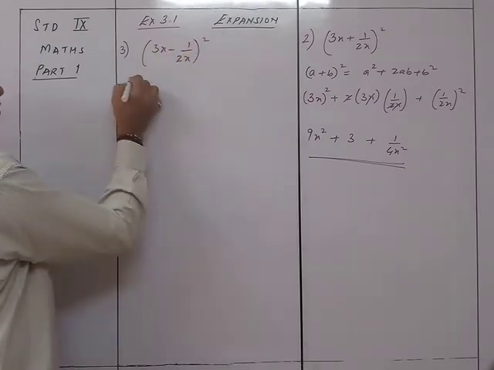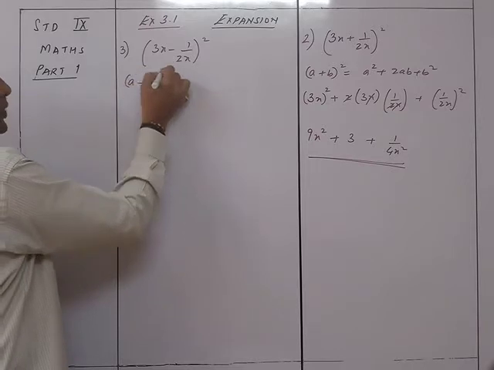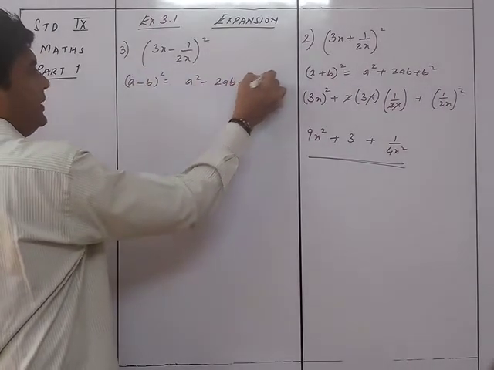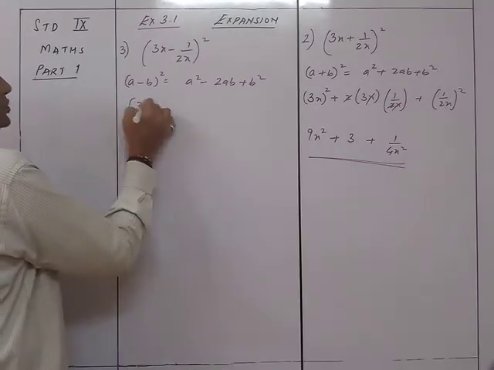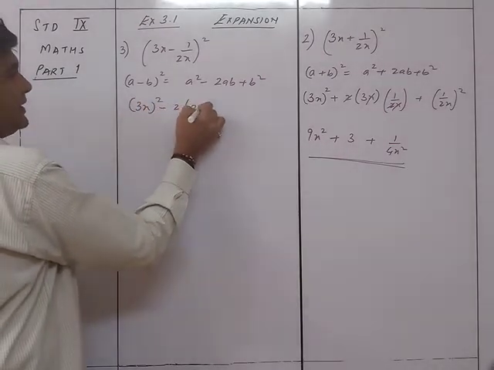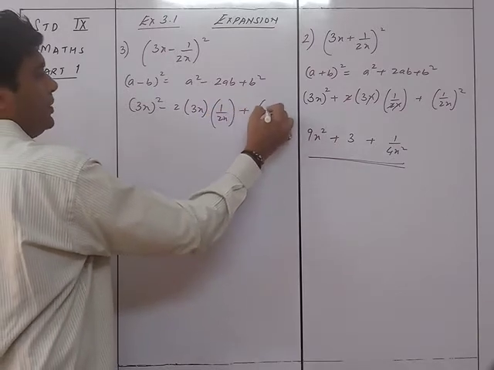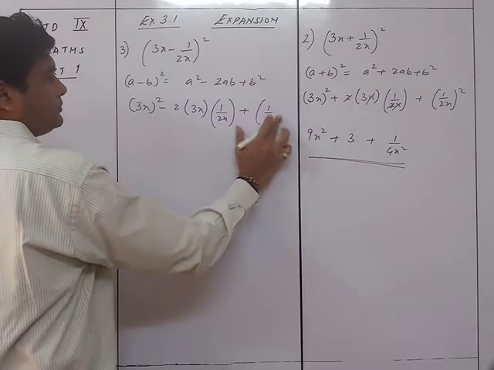Again the same thing, it will be a minus b the whole square is equal to a square minus 2ab plus b square. Accordingly 3x the whole square minus 2 into 3x into 1 upon 2x plus 1 upon 2x the whole square.